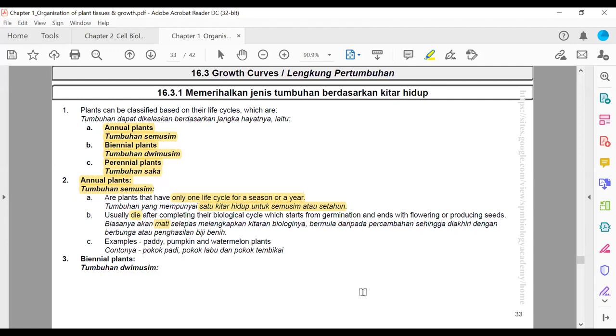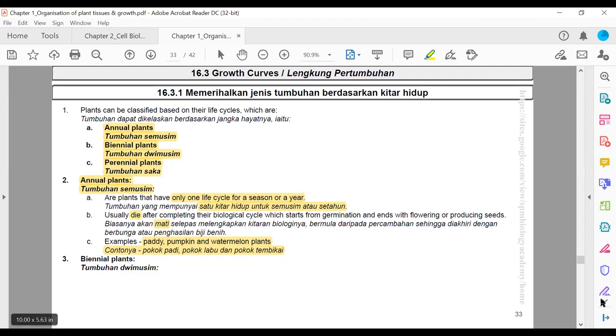After that one season or 1 year, they will die, taken over by the seed later. For example, pokok padi, paddy plant, pumpkin, and pokok tembikai, watermelon plant. So there are annual plants which live only for one season, only for 1 year, then they die off. Simple, I think.